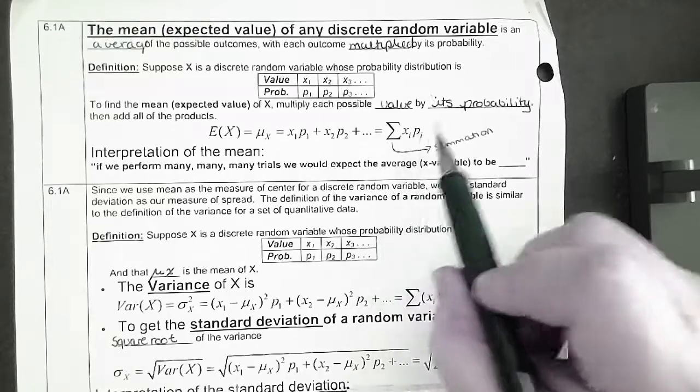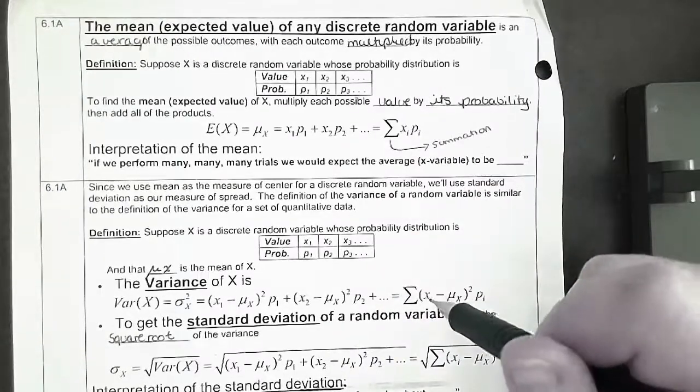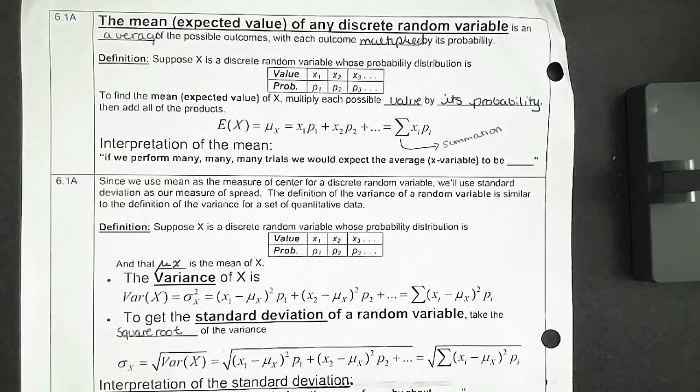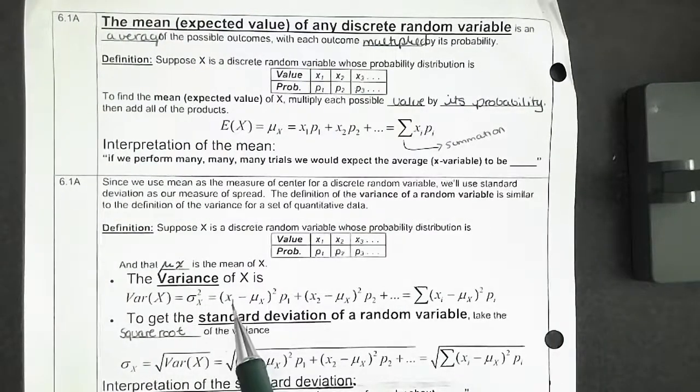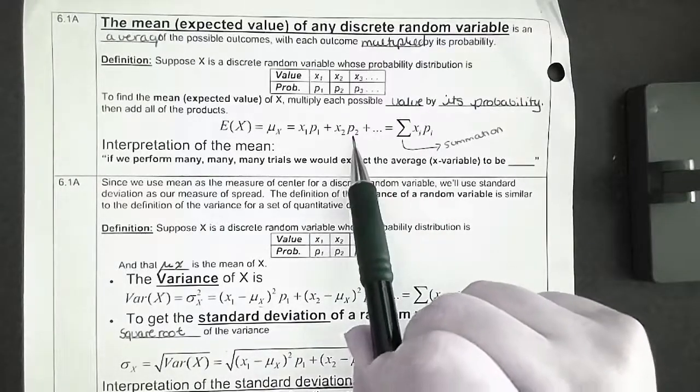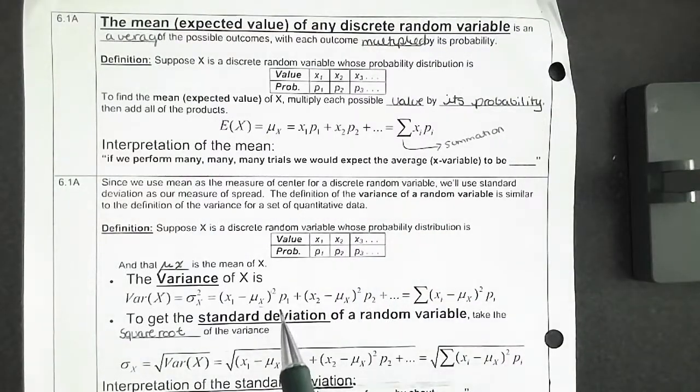And then as far as calculating the variance and standard deviation, we did this hands-on in class, and you are going to have to do a little bit of that as well. So for the variance, you take the x value and subtract the mean, which is what you calculated up here, and square that value and multiply it times the probability.